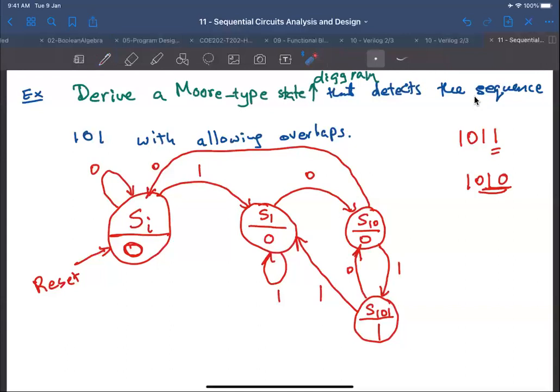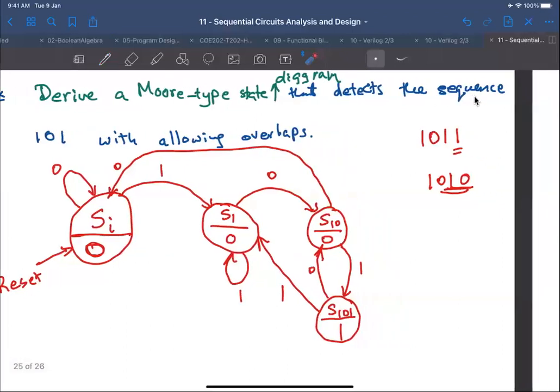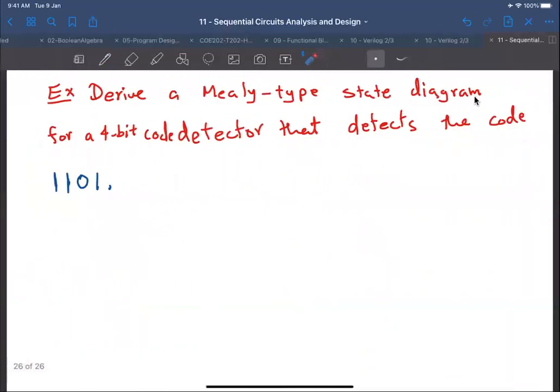How many states do we need if we want to detect an n-bit sequence using a Moore machine? It's going to be n plus 1. Yes, n plus 1. What about Mealy? Only n. It's n, it's not n plus 1, okay? All right. This was an exam question, by the way, previous term.